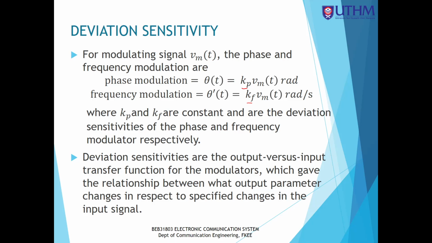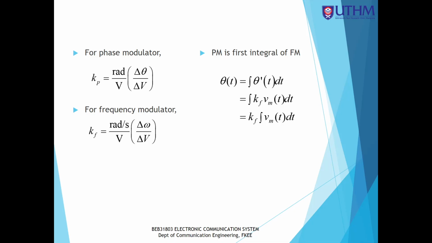So we can rewrite the equations for theta(t) and theta prime(t): theta(t) is equal to Kp vm(t), whereas theta prime(t) is Kf vm(t). Theta(t) is in radians, theta prime(t) in radian per second or hertz.